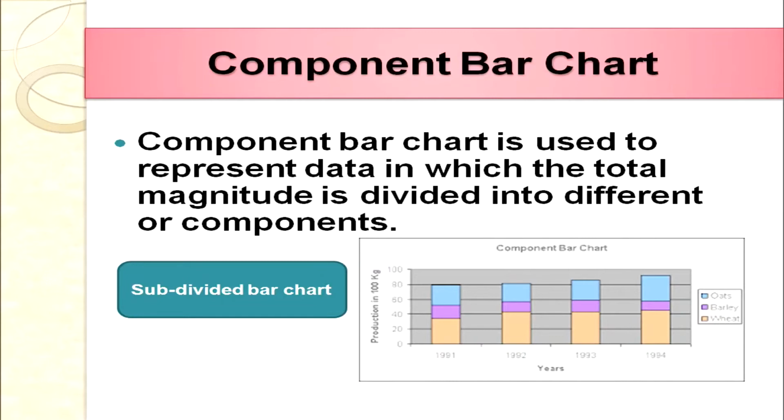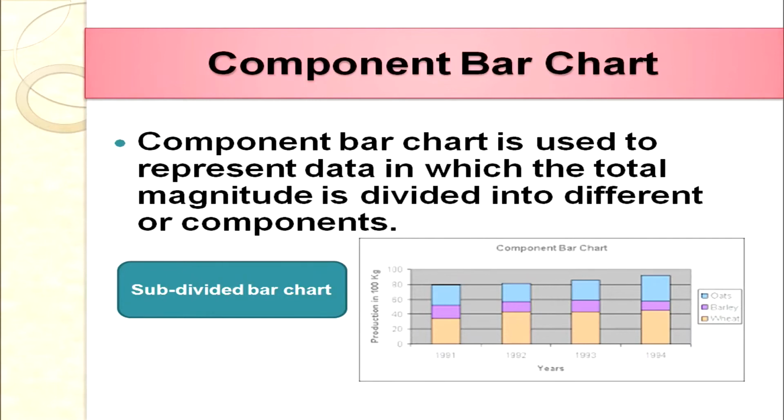Now if two sets of information or more are given to me, as a student, how will I identify whether I have to draw a multiple bar diagram or a component bar diagram? For this, students, we need to see whether the total is given. If the total is given in the question, then we have to draw a component bar chart. Whereas, if there is no total, as you can see in the previous example, where export and import are given to us, then in that case a multiple bar diagram will be drawn.